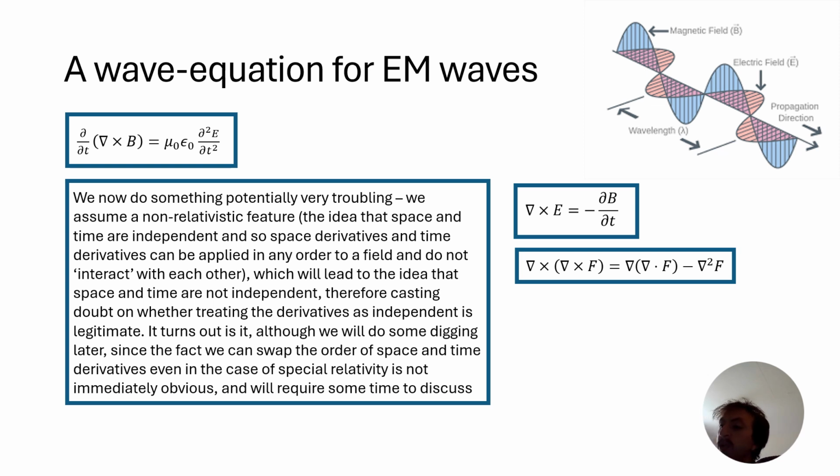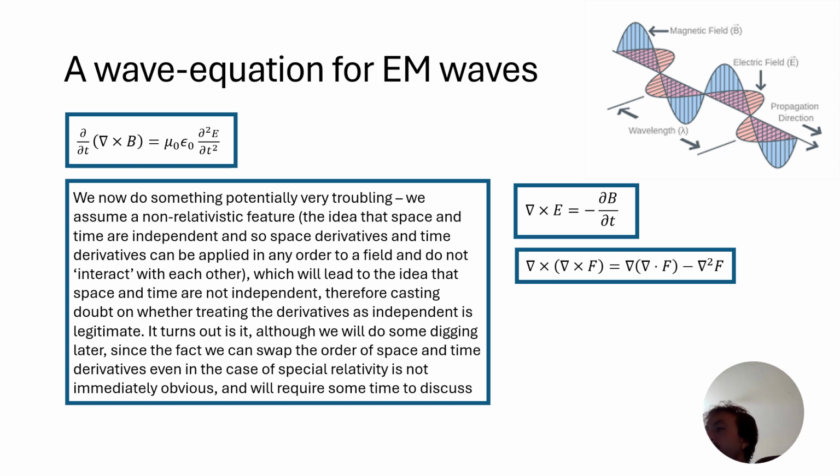Well, you can use vector calculus to prove that this statement is true for any vector field f. It's true by definition, based on how we define all the terms in this expression.